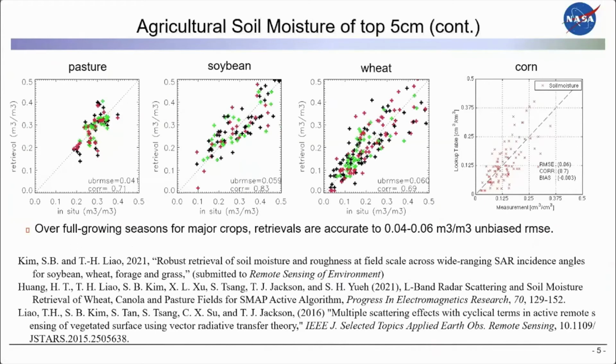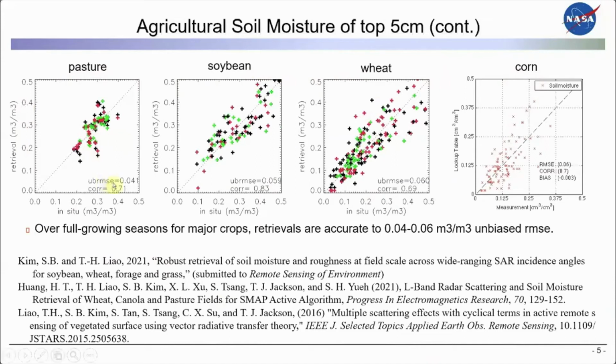Next is the quantitative evaluation of the retrieval. X-axis is in situ, Y is the retrieval. For 4 major crops, pasture, soybean, wheat, and corn. And especially soybean and corn, the crops started from the seed to the full growth.